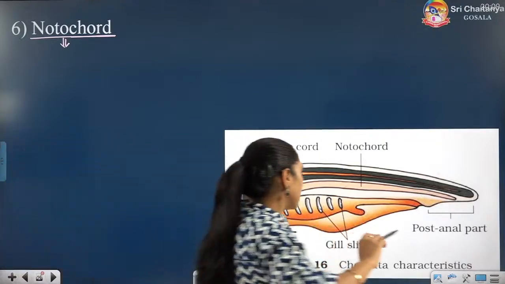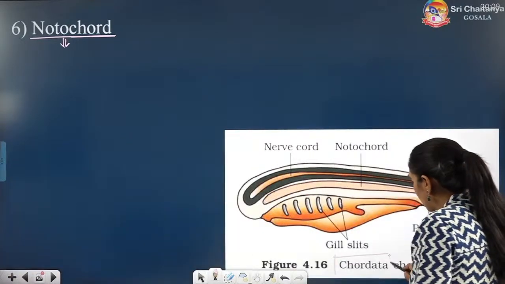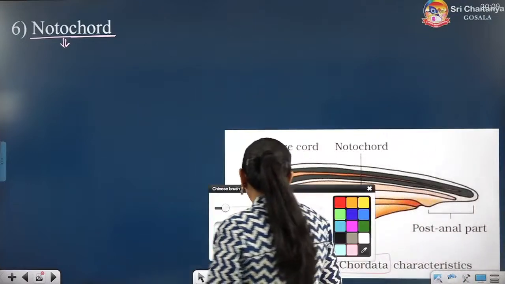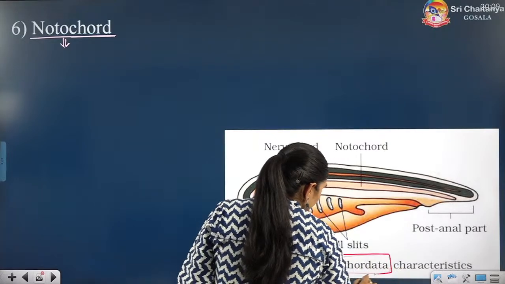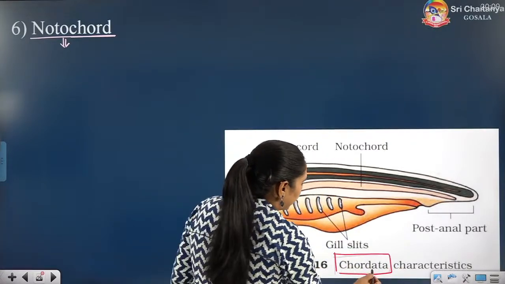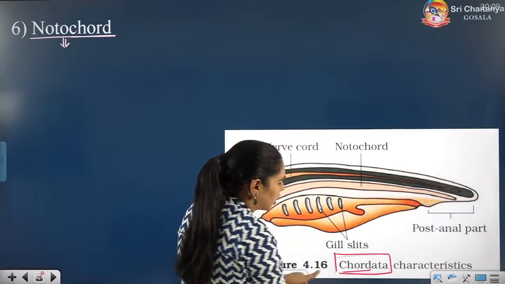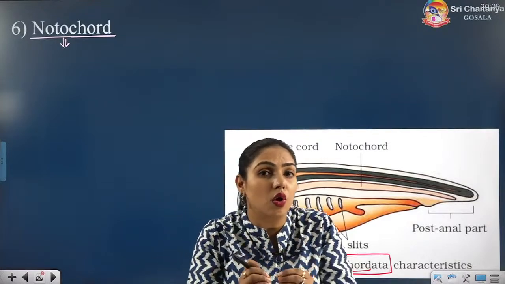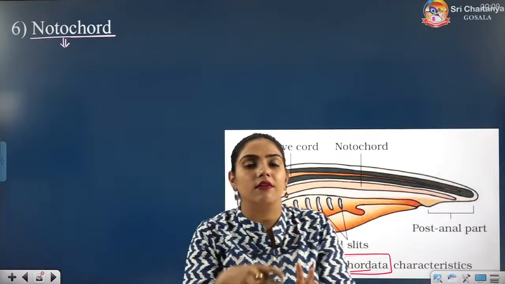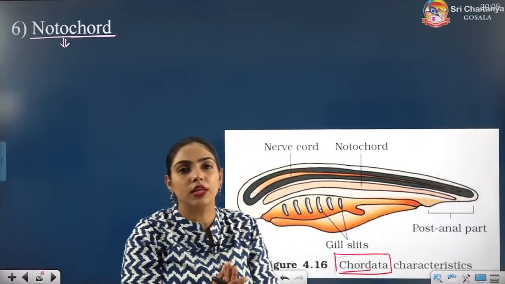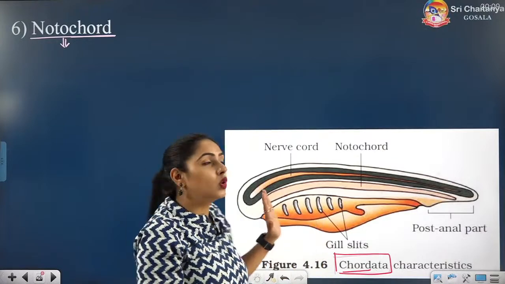And if we talk about chordates, here I have taken one figure. This is showing the chordate characters. So, chordate, it is also having chord, C-H-O-R-D. That means notochord is only the feature of chordates. That is why we have given this name to them, chordates, due to the presence of notochord in them.